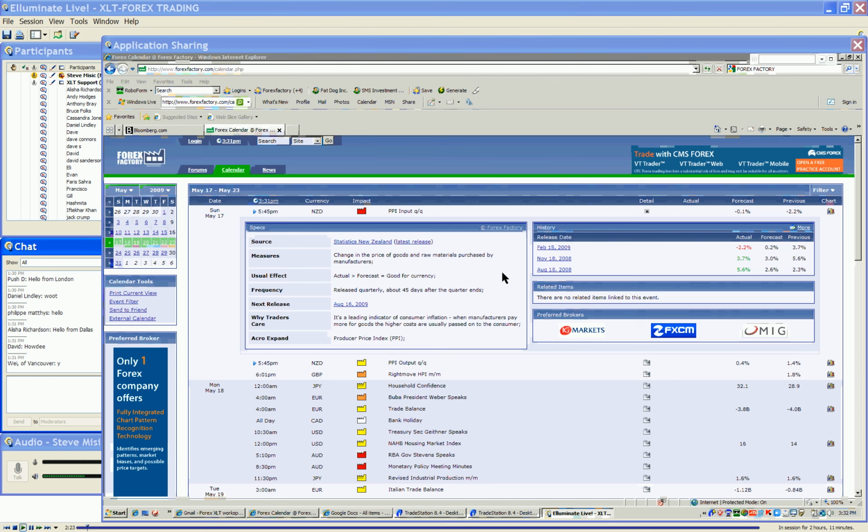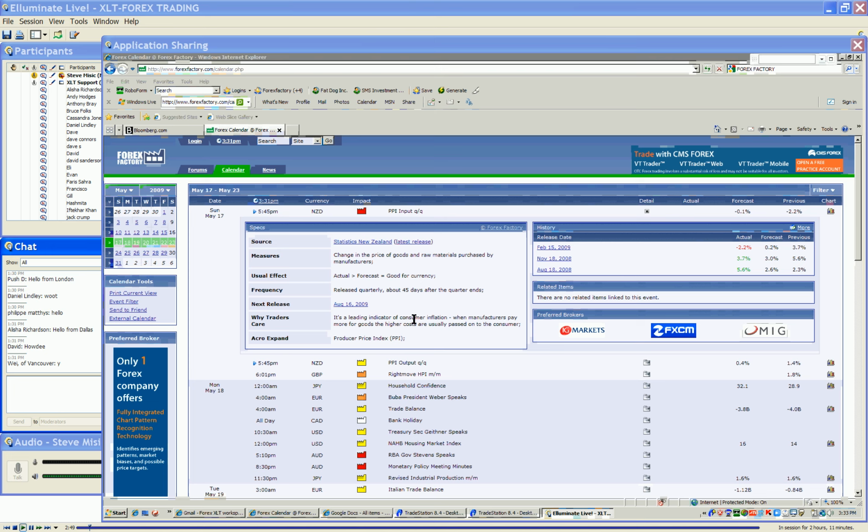Now, inflation is a very, very important reason that currencies act the way they do. Obviously, currencies that are experiencing inflation at first seem to rise a little bit. They seem to do okay. But eventually, people trading the currencies get worried that the currency is going to depreciate in value if the rate of inflation gets too high.